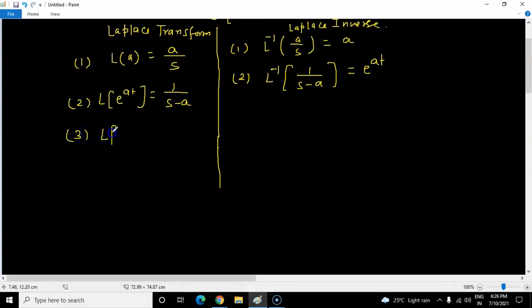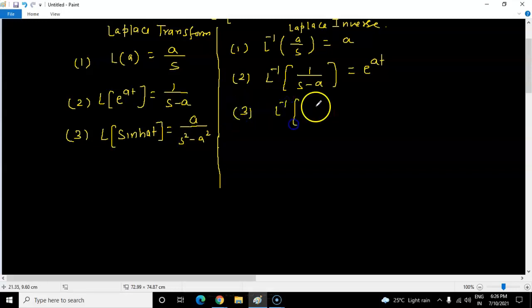Similarly, for the Laplace of sine hyperbolic, we remember the formula directly: a by s square minus a square. So Laplace inverse of a upon s square minus a square, we can write as sine hyperbolic of at.